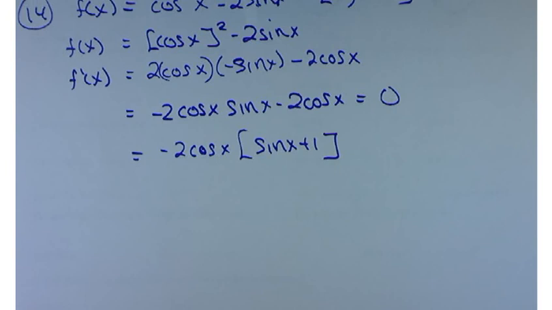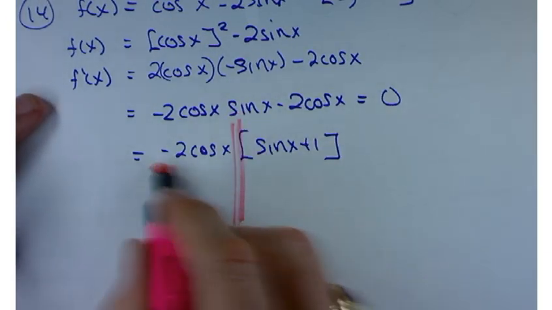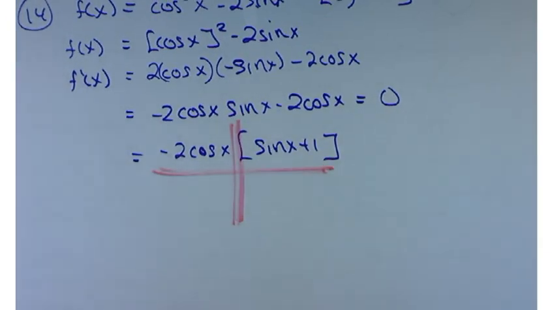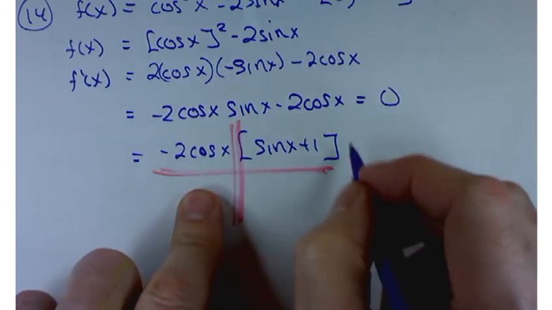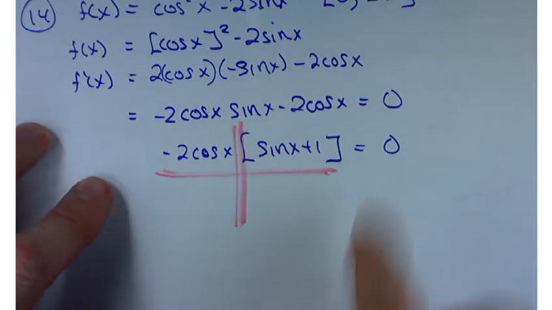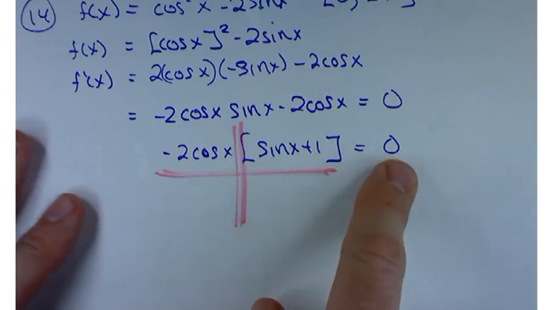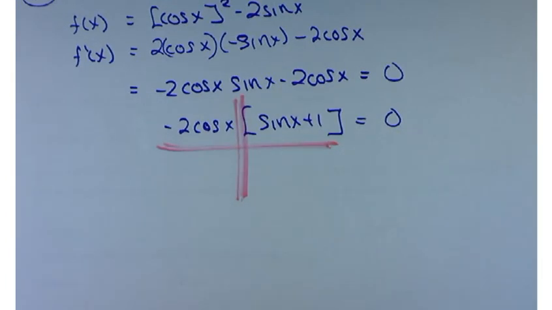So we got a couple possibilities here. Let's work on both of them. So I have something times something equals 0. One of those somethings has to be 0. Either cosine of x is 0 or sine of x plus 1 is 0. One of those two has to be true.